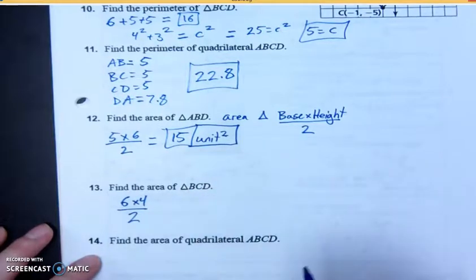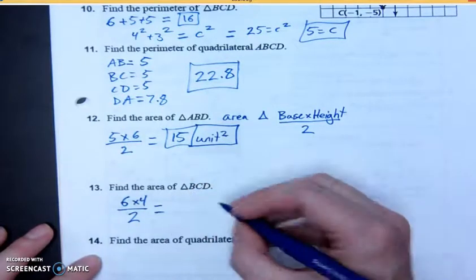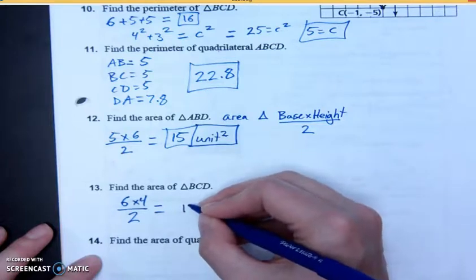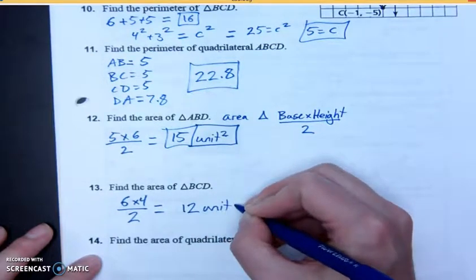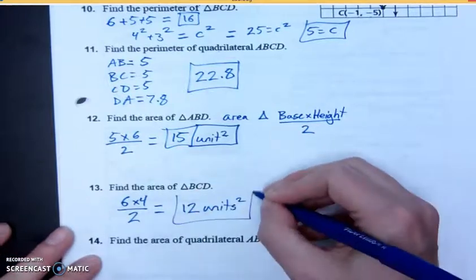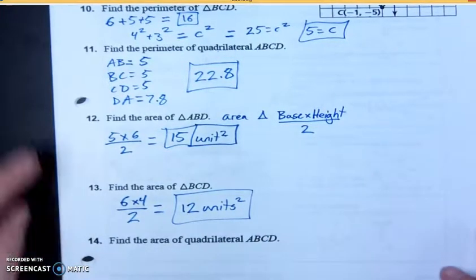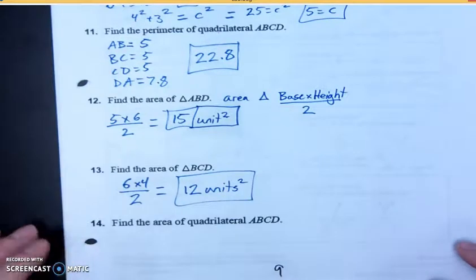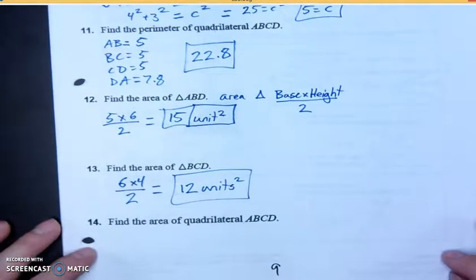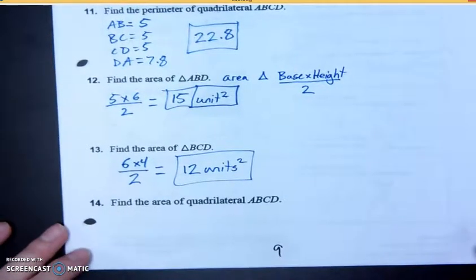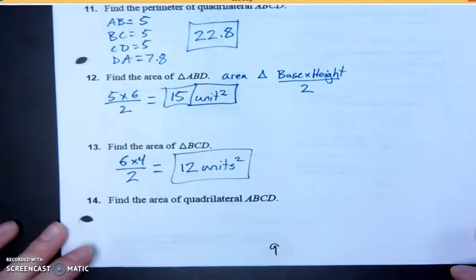So 6 times 4 divided by 2, what's that come out to? 12. And again, we're going to put units squared there. And then to find the area of the whole quadrilateral, what are we going to do? Combine. Yeah.